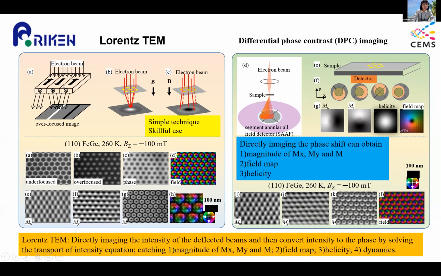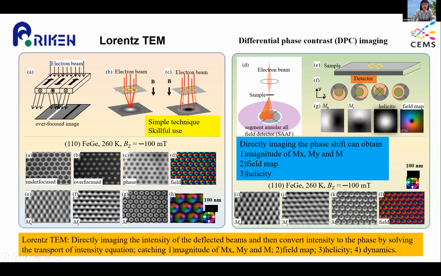This force deflects the electron beam and results in beam convergence and divergence in the defocused image plane. According to this principle, since the Lorentz force deflects the electron beam, we can probe the magnetic domain walls by using this method.